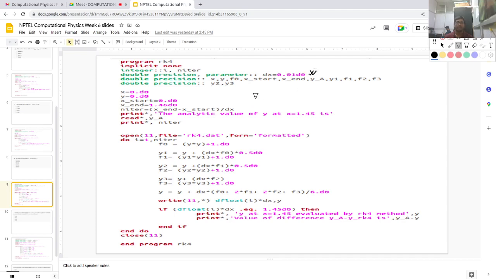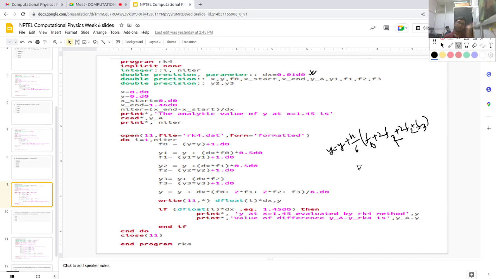Okay, and here the formula is like this, that y equals y plus h by 6 times f0 plus 2 into f1 plus 2 into f2 plus f3.